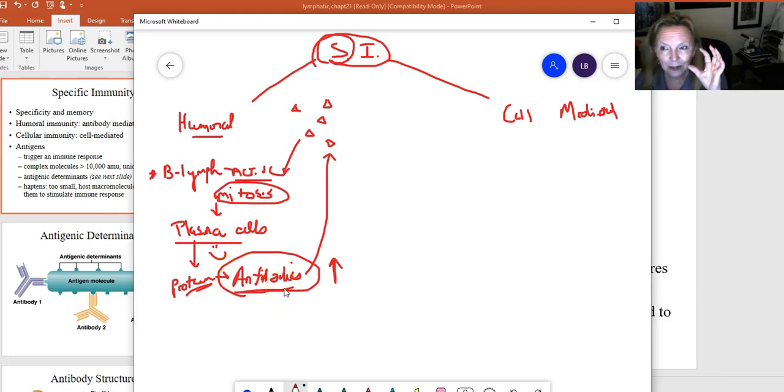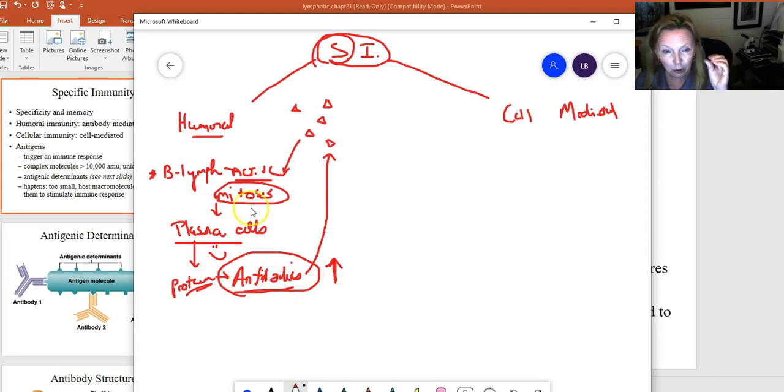But as soon as that starts to happen, the damage that these foreign antigens were doing, the signs and symptoms that you were having, they're going to start to get better. You're starting to get better. So as your amounts of the antibodies go up, your signs and symptoms of the disease are going away.